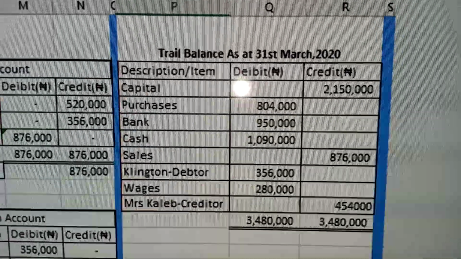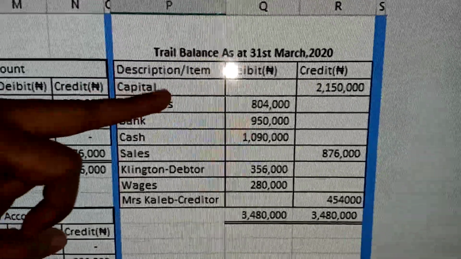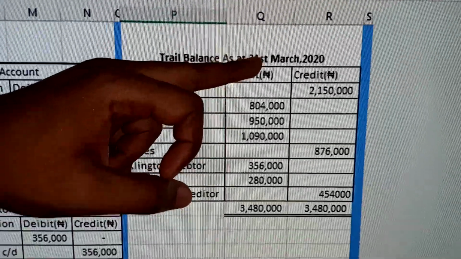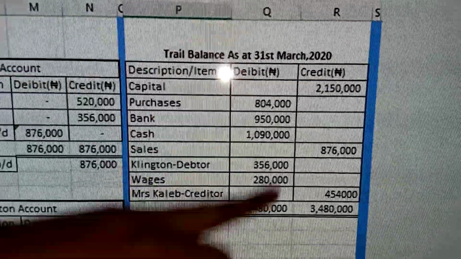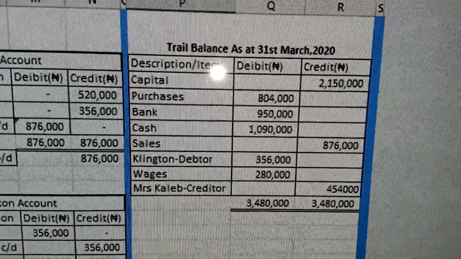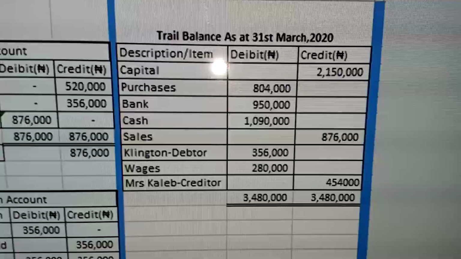Now, after identifying the ledger balances and then putting them in their respective entries, whether debit or credit. Remember I said when the ledger balance has a debit balance, it comes to the debit side. If it has a credit balance, it comes to the credit side.